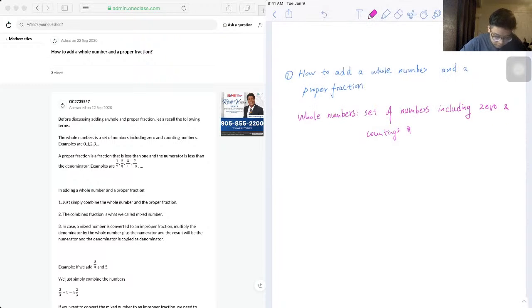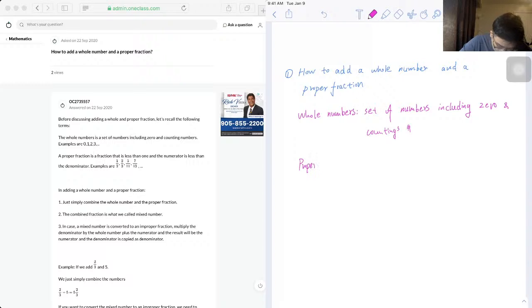And in terms of proper fraction, this is a fraction that is less than 1.